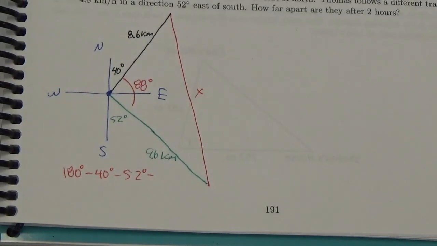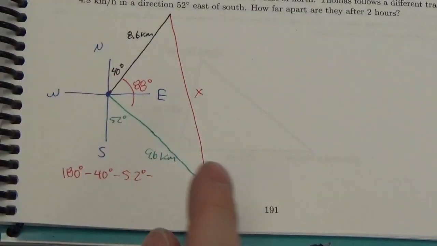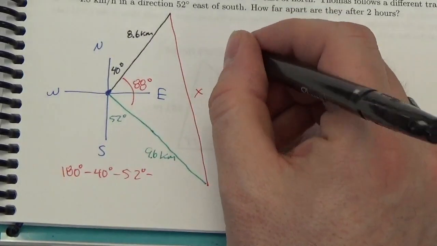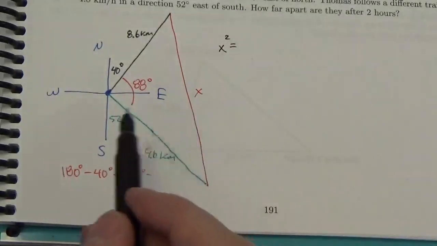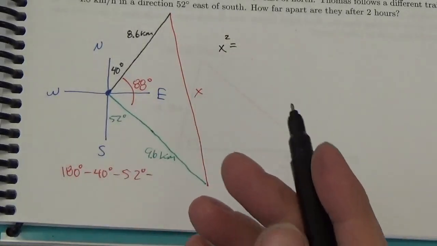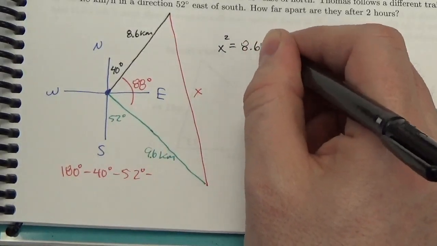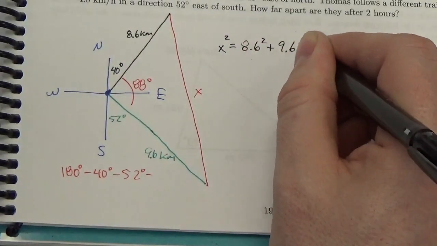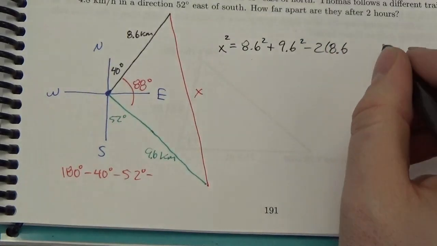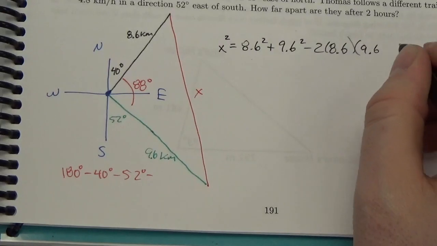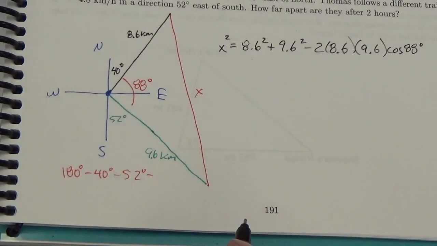Well, now I've got everything I need. I have the two distances and the angle in between. So now I can set it up. I want to find x, so it's going to be x squared. This is totally the cosine law, because I don't have an angle and the side opposite it. So this is going to be 8.6 squared plus 9.6 squared minus 2 times 8.6 times 9.6 times the cosine of 88, the angle in between.